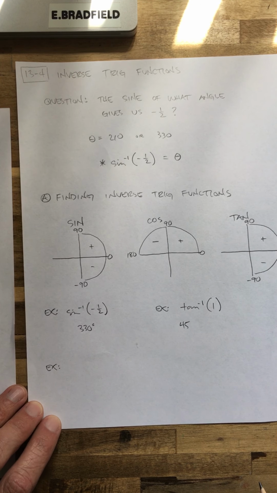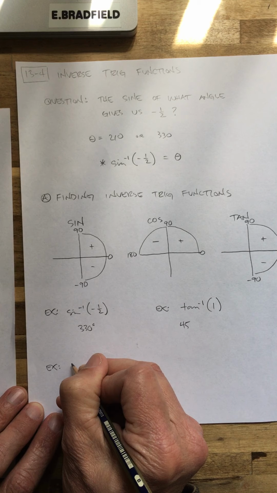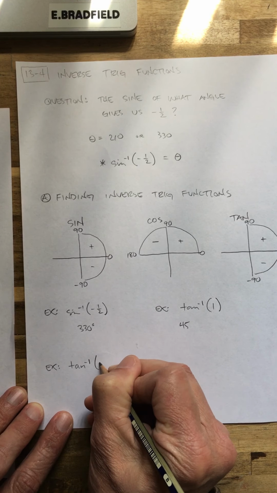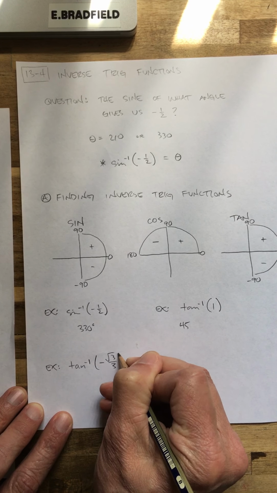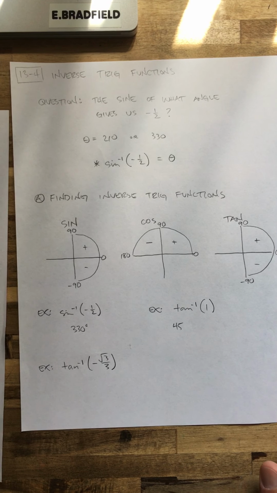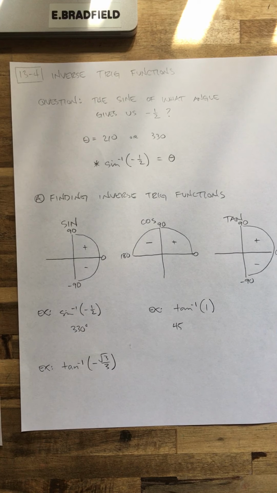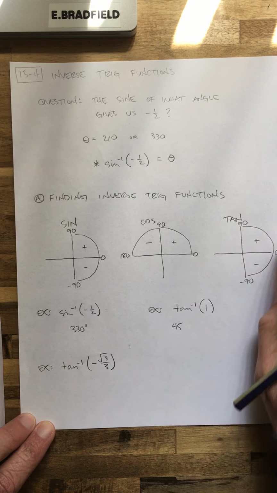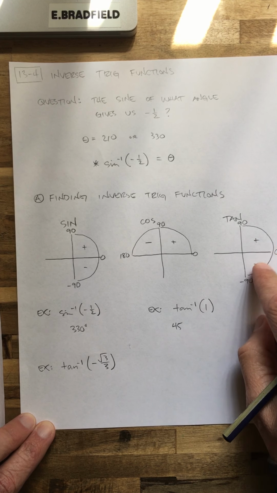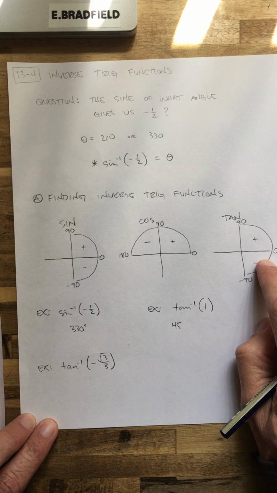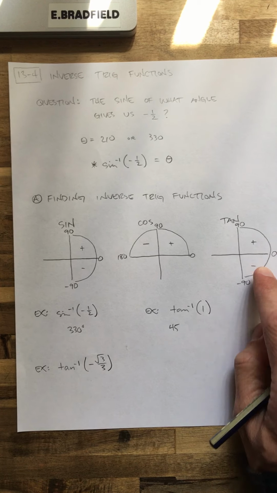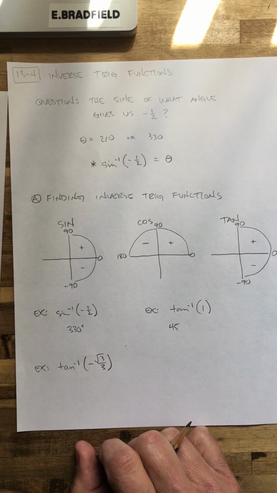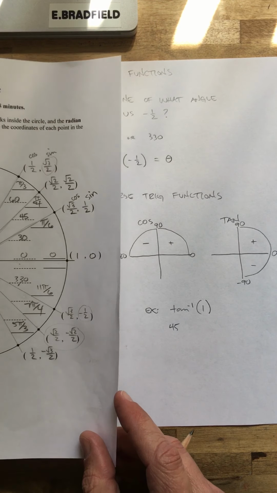Let's do another really quick one. The inverse tangent of negative radical 3 over 3. Notice my ratio is negative. So look up here. If my ratio is negative, I'm going to be in this quadrant right there. Now that one's going to be kind of hard to find.